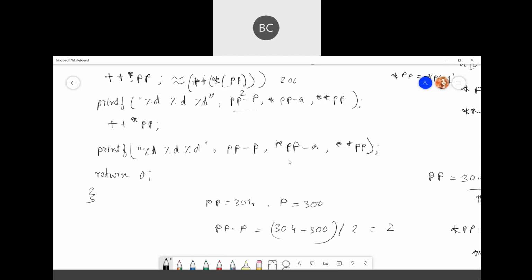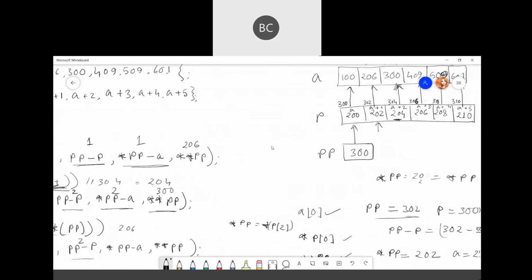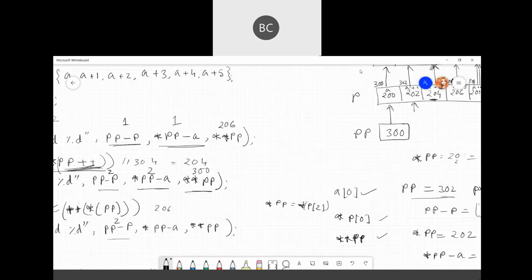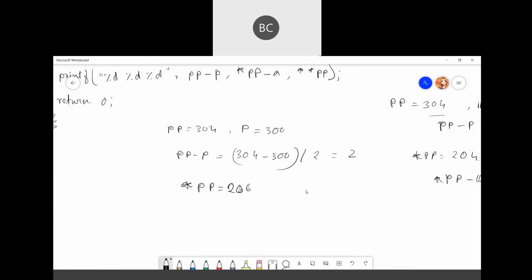Next, pointer PP and A. PP is again 304 and pointer PP will be 206. You incremented the value, so it is 206.